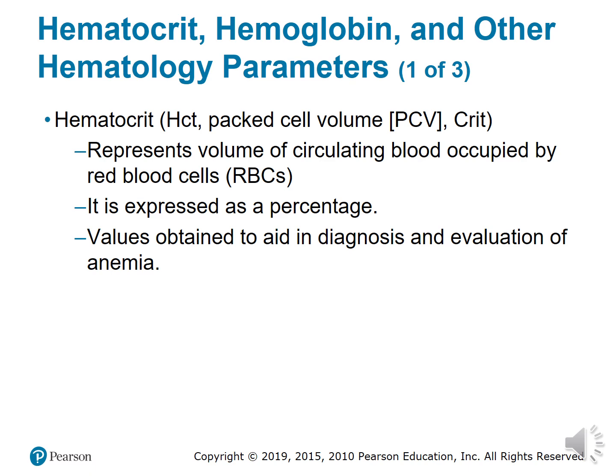It is expressed as a percentage. Thus, a hematocrit value of 38% indicates that 38 milliliters of each 100 milliliters of peripheral blood is composed of red blood cells. This is another way also to check to see if a patient is anemic.